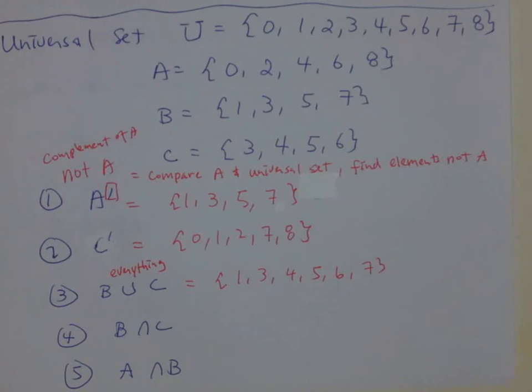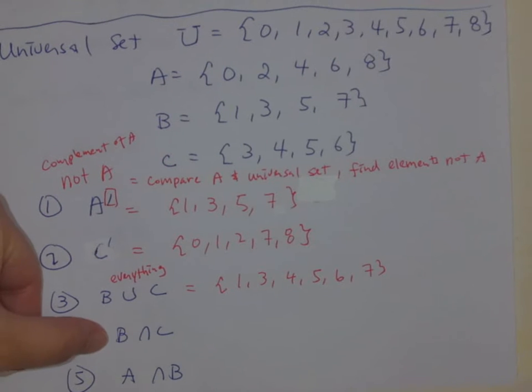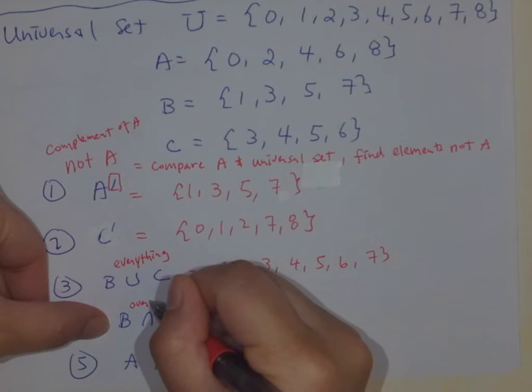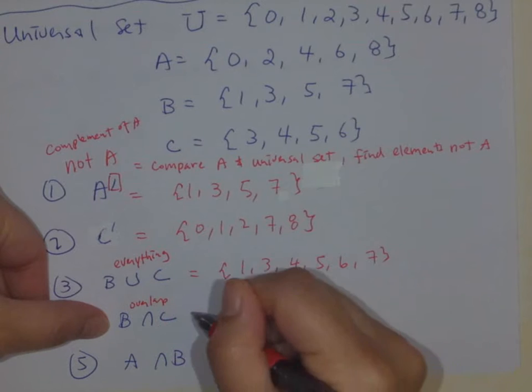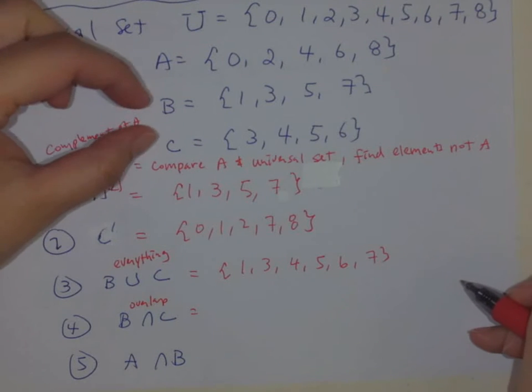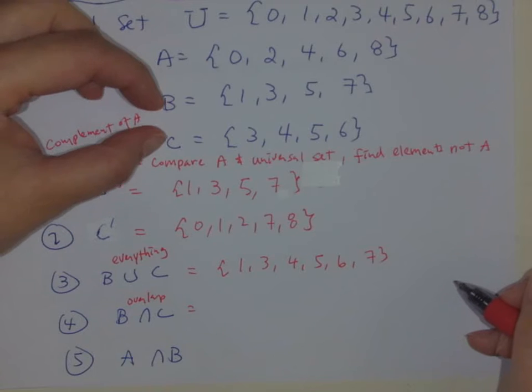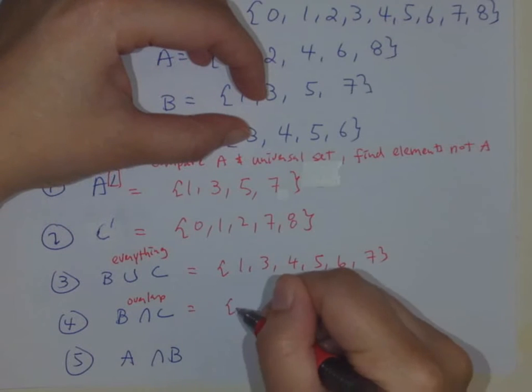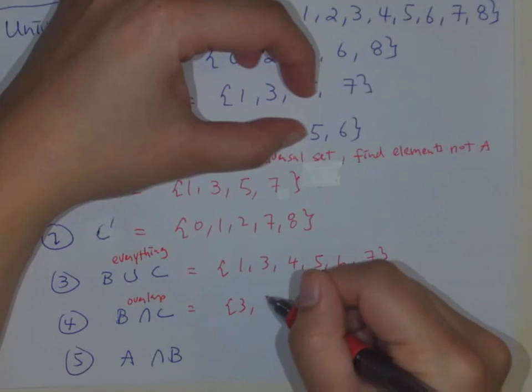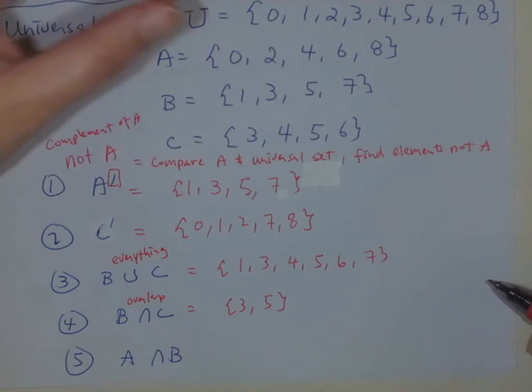So anything in B and anything in C would be part of the union. So this means overlap, right? Intersect. So the intersecting part of B and C, so I'm focusing on B and C, what do they have in common? They have 3 in common. They have 5 in common. Is that all? Okay, that's it.